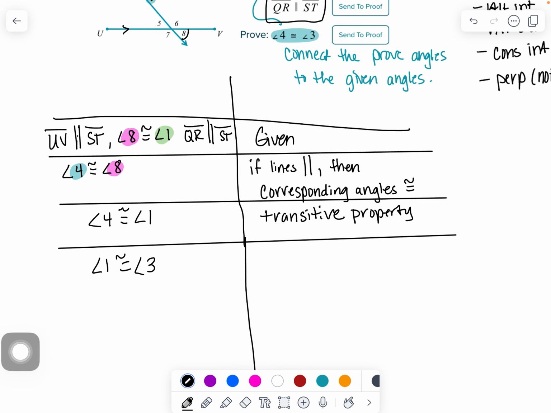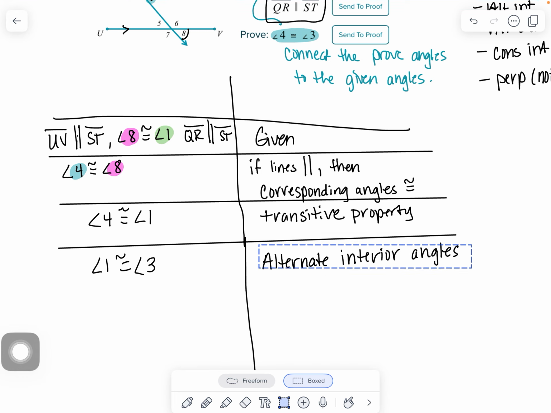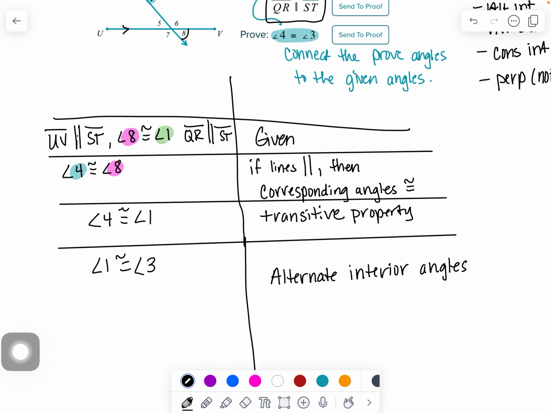You might notice that I'm putting angle 3 last. It's just that I can see that there's going to be another transitive link here. Let me write this down. Okay. Don't forget those dots. So, if lines are parallel, then alternate interior angles are congruent. Okay, there we go.